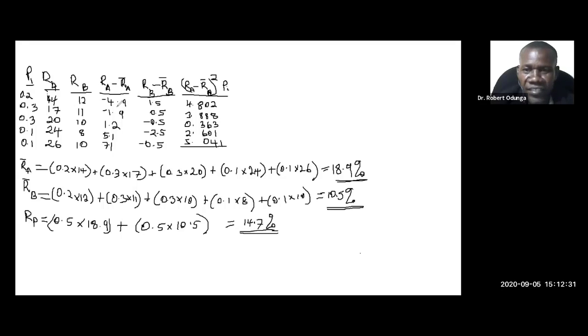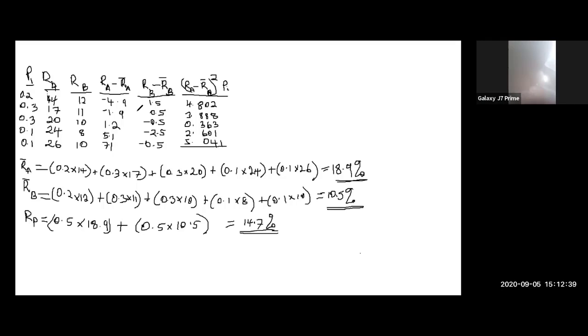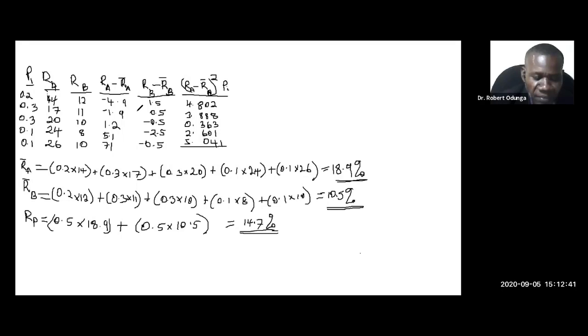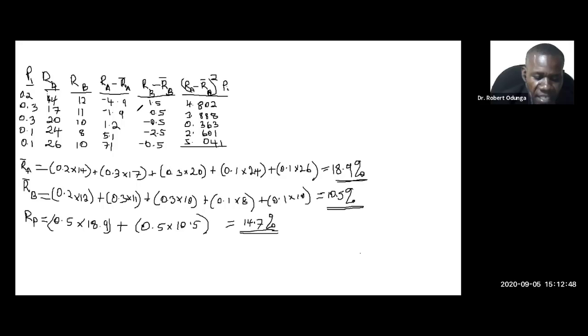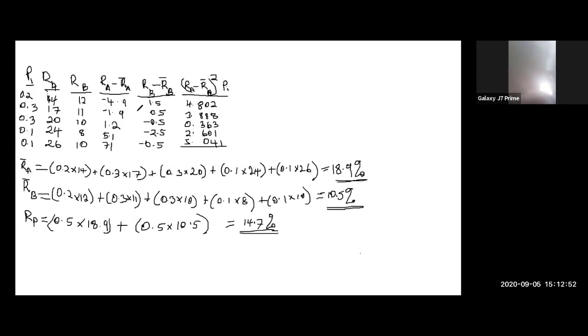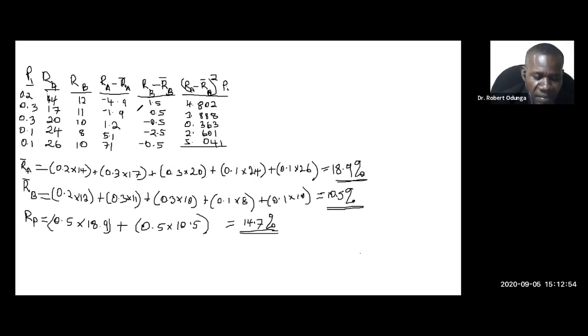Now, how did you get the second one? I was just confirming the second one. It is negative 1.9.